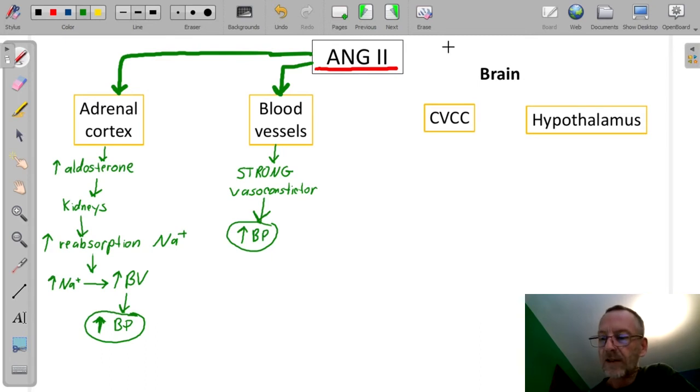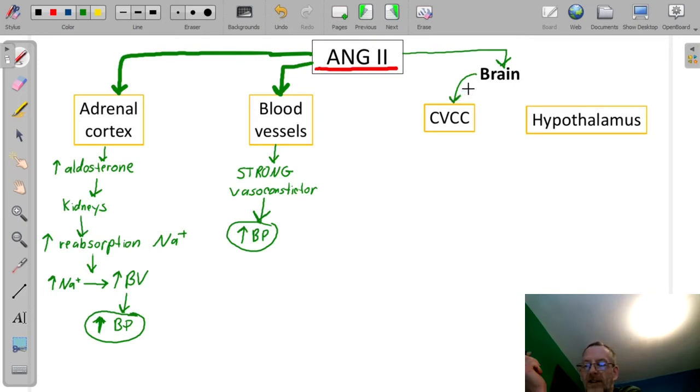Angiotensin 2 also has receptors in the brain. Specifically in the brain, there are receptors in the cardiovascular control center, and at this point you should probably be thinking on your own about what you could draw in here to raise the blood pressure. We've done this several times now. So we're in the medulla.